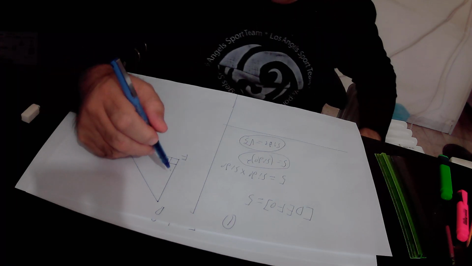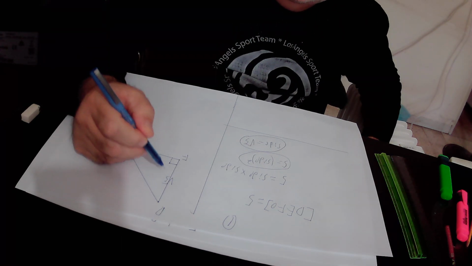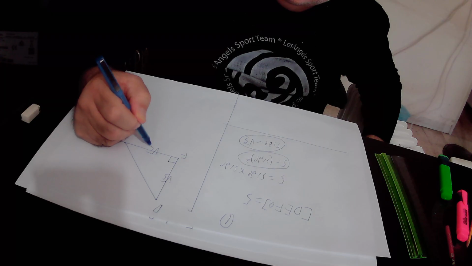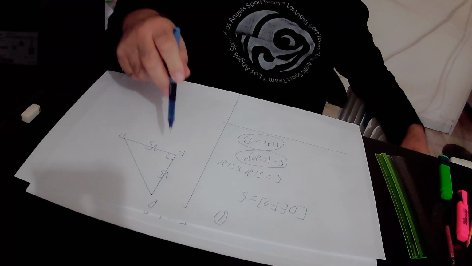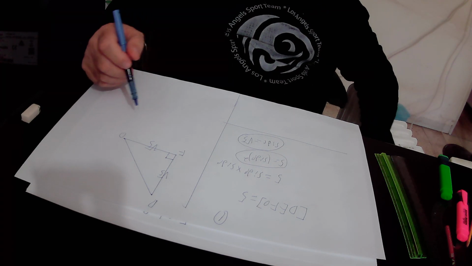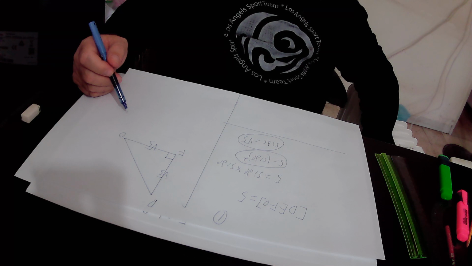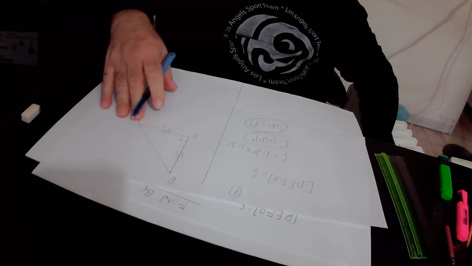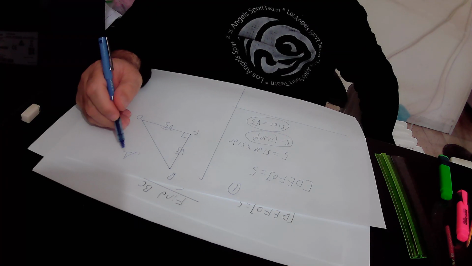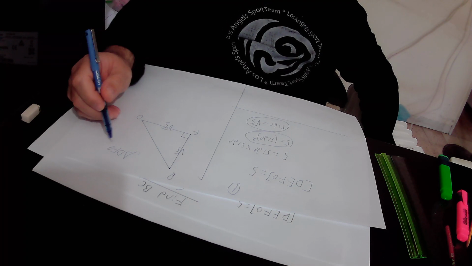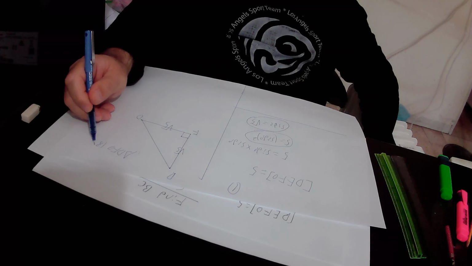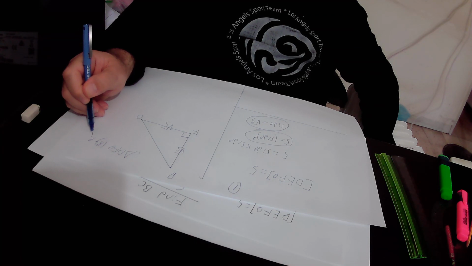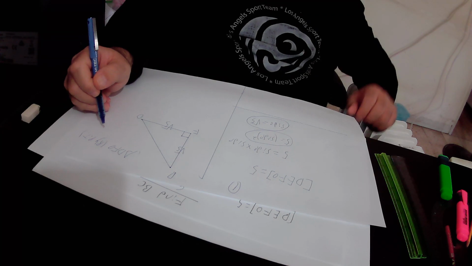We already found out that DF equals the square root of 5 units, FO equals the square root of 5 units. The only missing side is DO, that is the hypotenuse of the right triangle DFO. So we'll implement the Pythagoras theorem on the right triangle DFO. Here PT is the abbreviation for Pythagoras theorem.